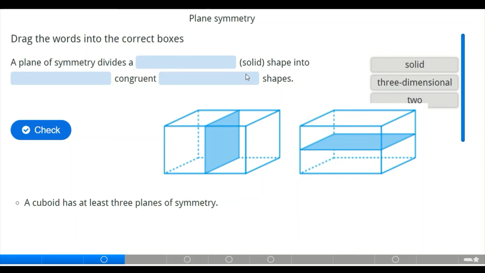So let's have that at the back of our mind. A plane of symmetry divides three-dimensional shapes into two congruent solid shapes, which have the same length and the same angle.